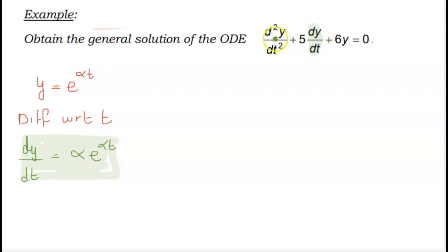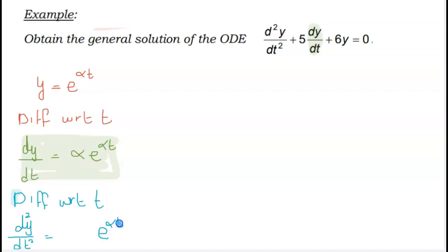But I don't have d square y over dt square. So I will differentiate that again. When I differentiate that with respect to t, d square y over dt square, the second differential, equals e to the alpha t.